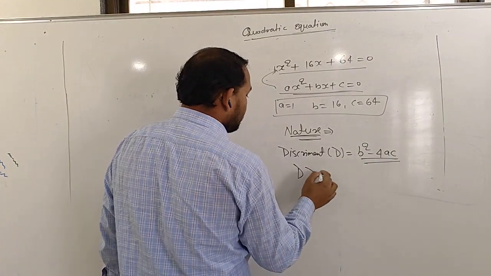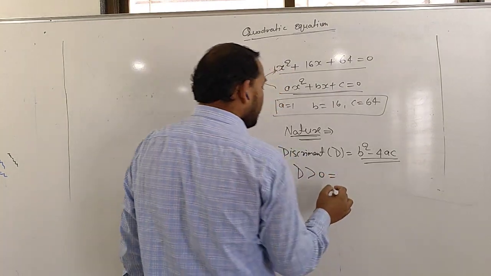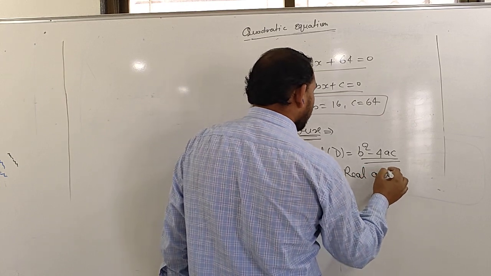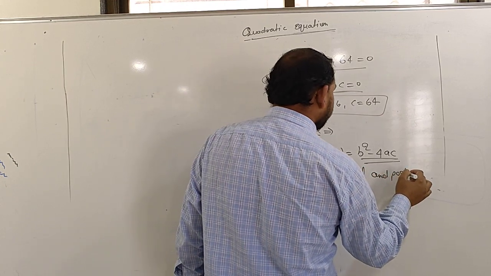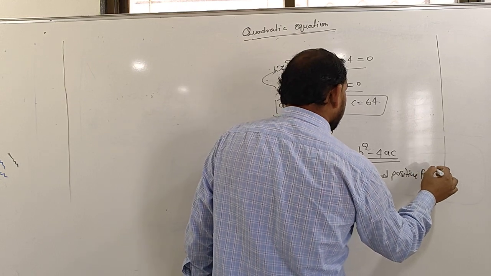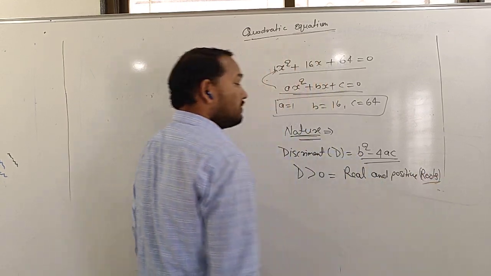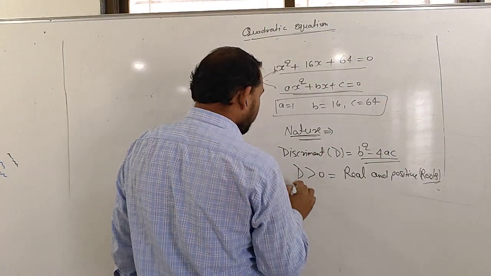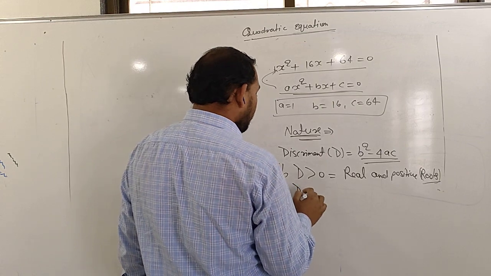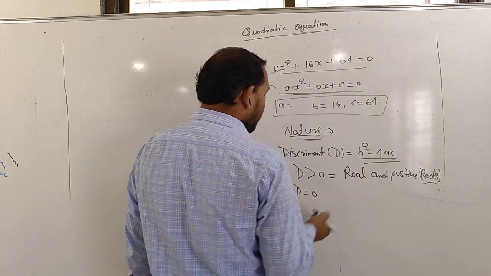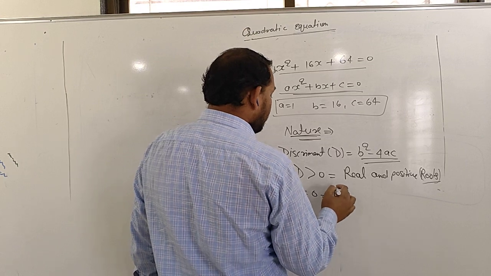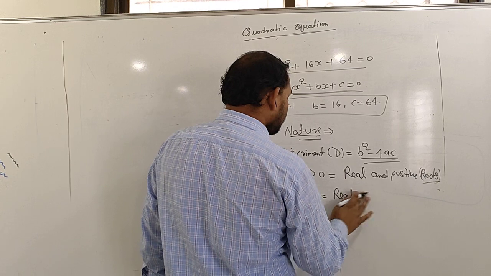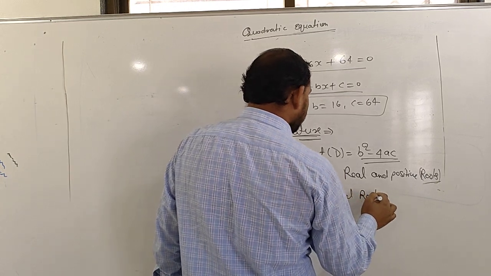If D is greater than 0, that means it has real and positive roots. You also know about roots from the start of the video. And if D equal to 0, then it also has real roots.